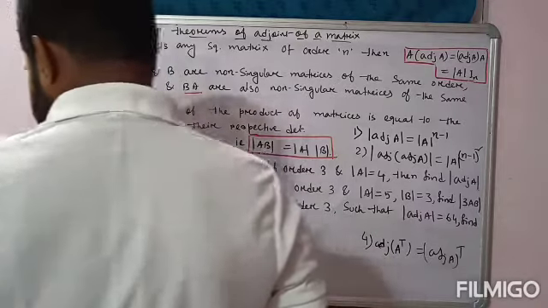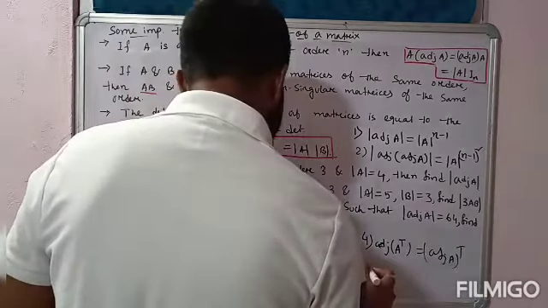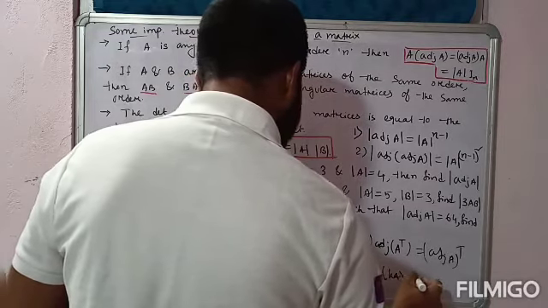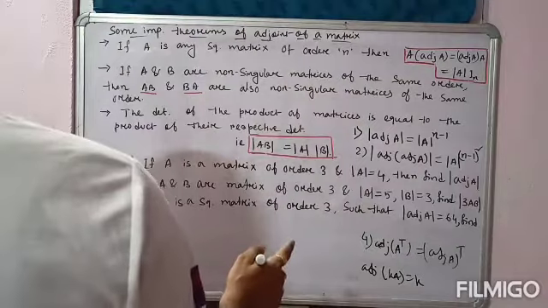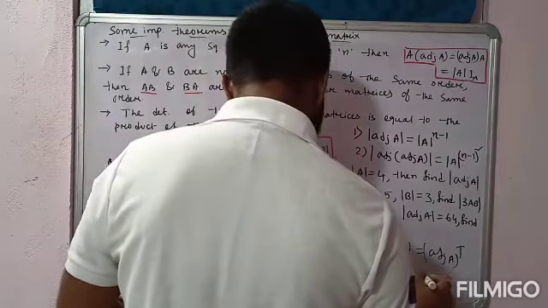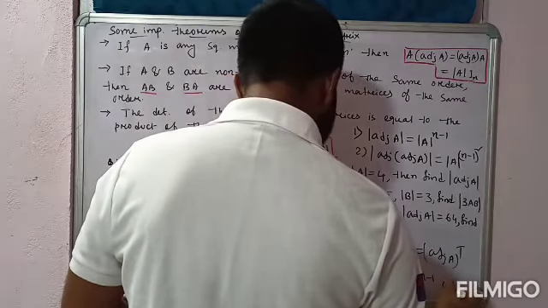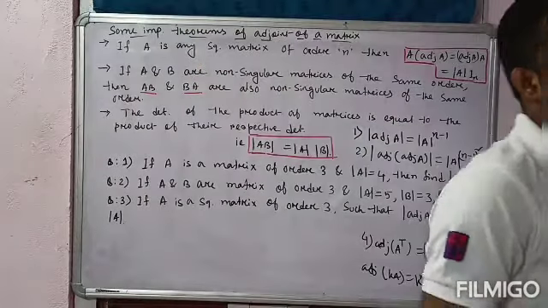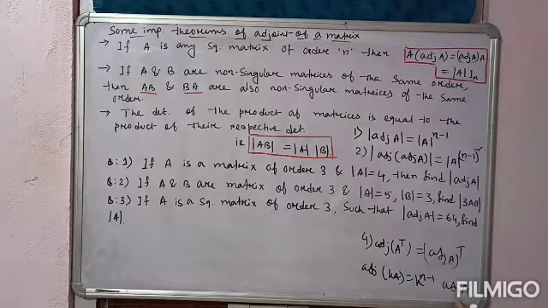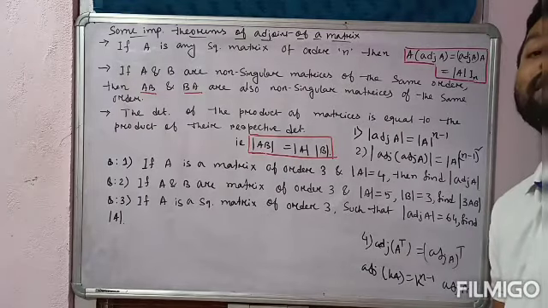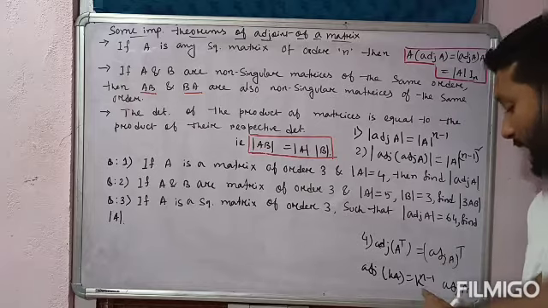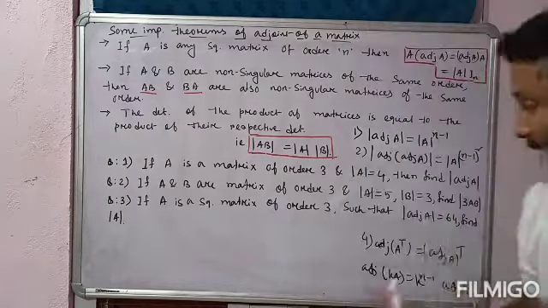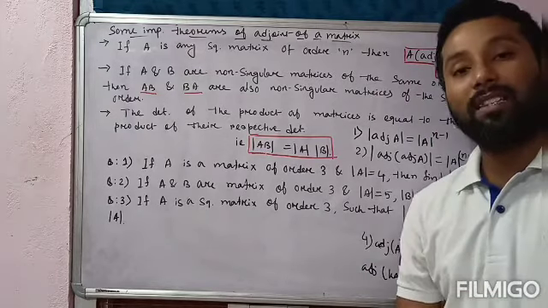And one more is there, that is adjoint of K into A is equal to K to the power n minus 1 into adjoint of A, where K is a real number, K belongs to R. So these are the properties I have given in the last class.